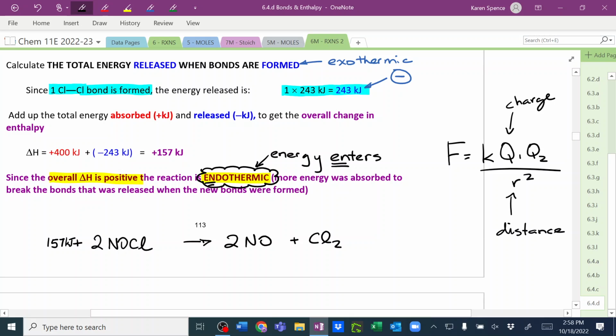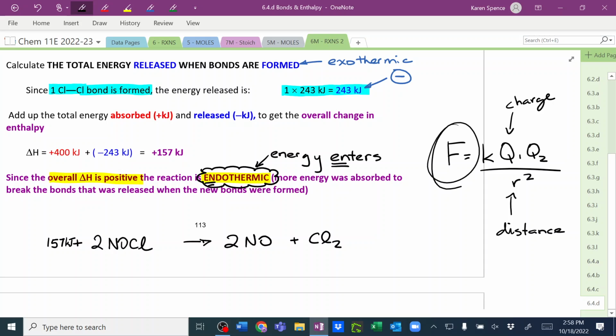The greater the force between two charged particles, the harder it is going to be to break them, and the more enthalpy there is in that bond. So when we say bond enthalpy, we mean the potential energy stored in the bond. If you have a very strong force, then you're going to have a very high bond energy. If the attraction is very weak, then it's going to have a lower bond energy. It'll be easier to break that bond.